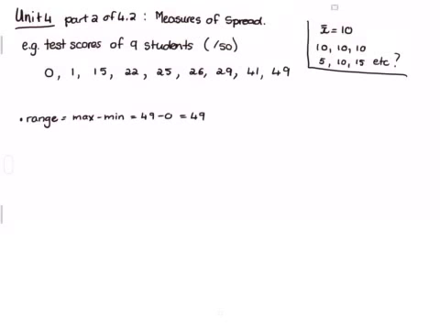But we still don't know too much about them. We don't know if they were evenly spread across the 49 or how they are spread. So we prefer to break it up into quarters. So if we break it up into quarters, here's what we're going to do.